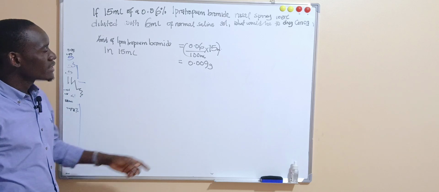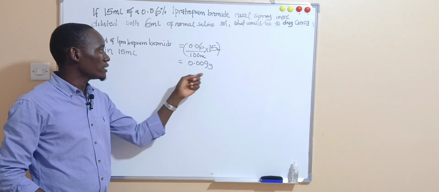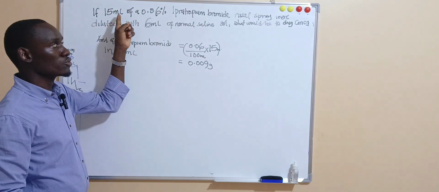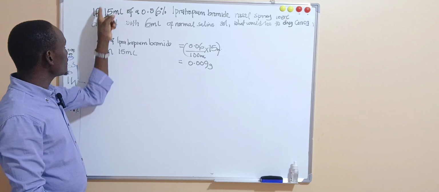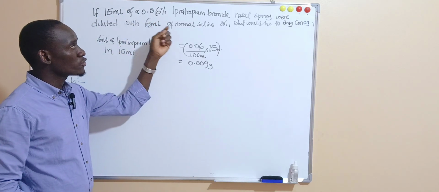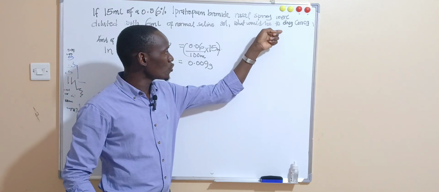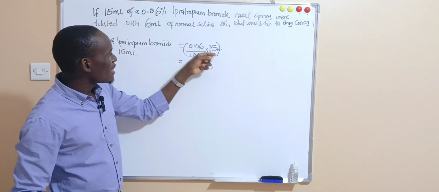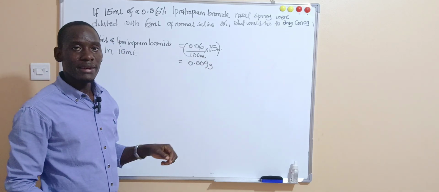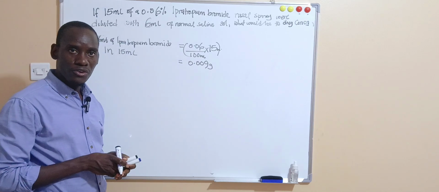So that means now we know the mass of ipratropium bromide in 15 ml of the solution. But remember, this 15 ml of the solution was diluted with more 6 ml to give a concentration they are asking for. So that means the 0.009 grams of ipratropium bromide is the same amount of drug in our final volume.